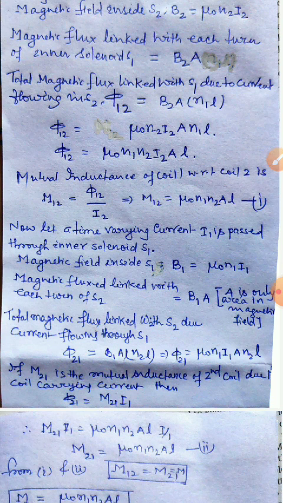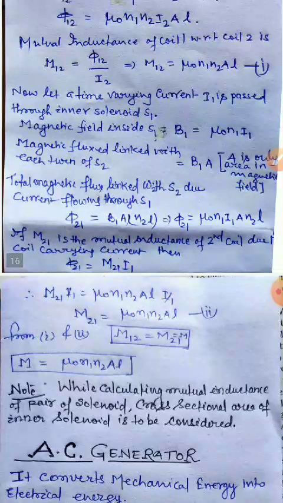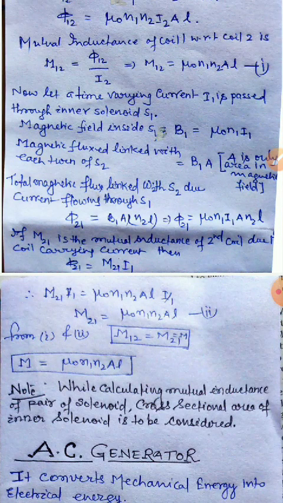Now let a time varying current I1 be passed through the first solenoid, that is, the inner solenoid. So the magnetic field inside the inner solenoid will be mu naught N1 I1 and it is confined within the inner region of the solenoid S1.